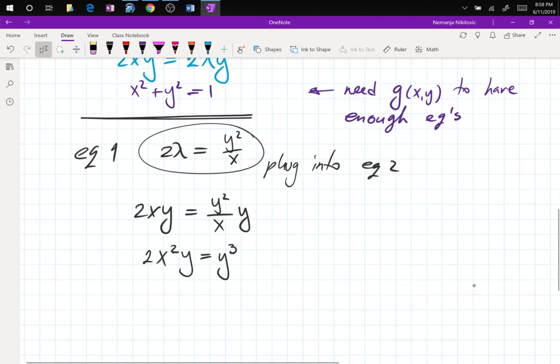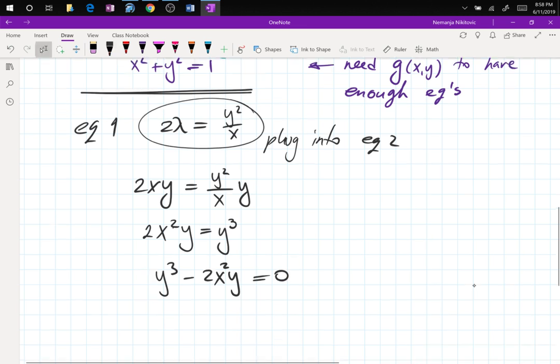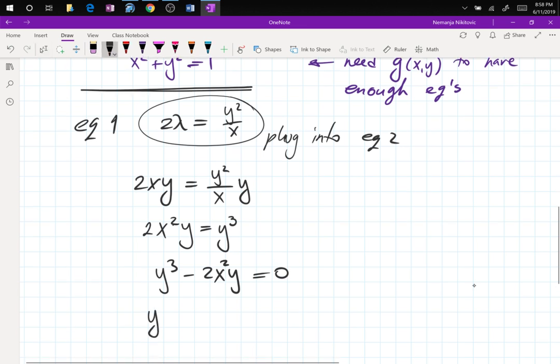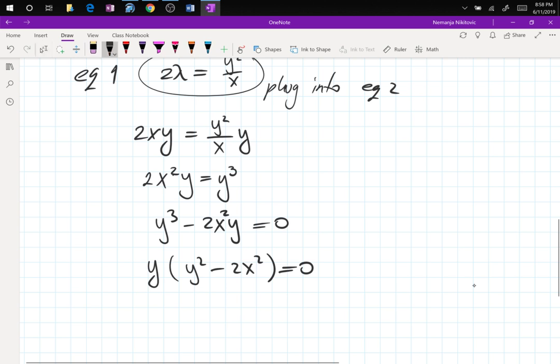Well, y cubed minus 2x squared y equals 0. Factor out y, and you get y squared minus 2x squared equals 0. From where you get, hello, y equals 0. Luckily we didn't cancel that one, right?